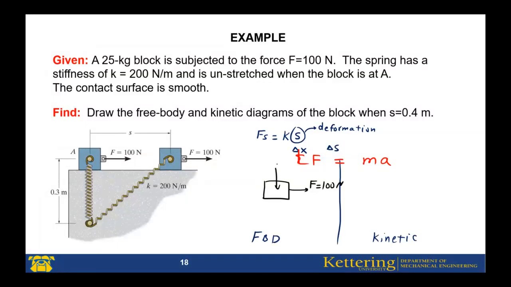Down. Then the weight, it is 25 multiplied by 9.81. What else? Yes. Force of friction. What's the direction? Opposite direction. But we do not have friction.